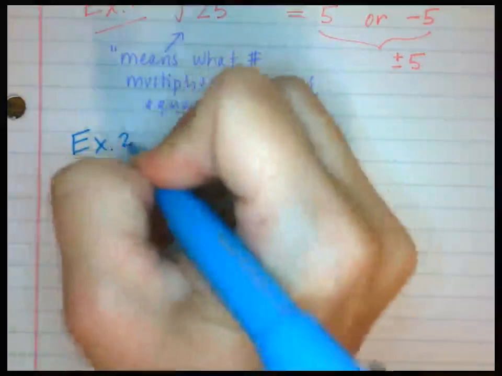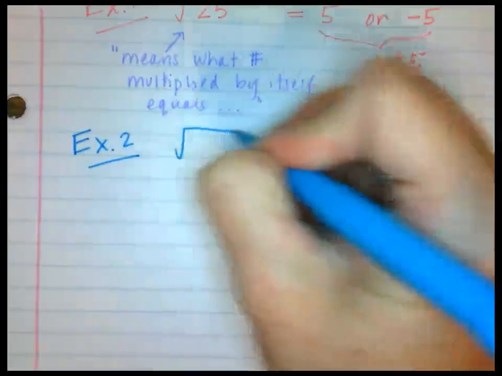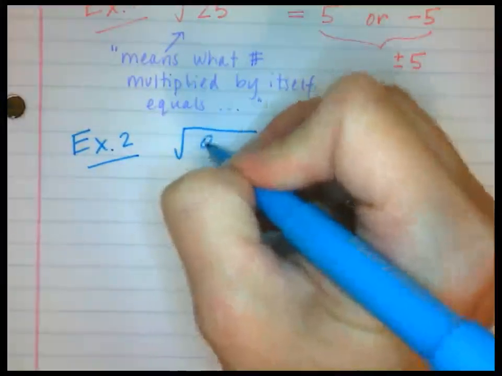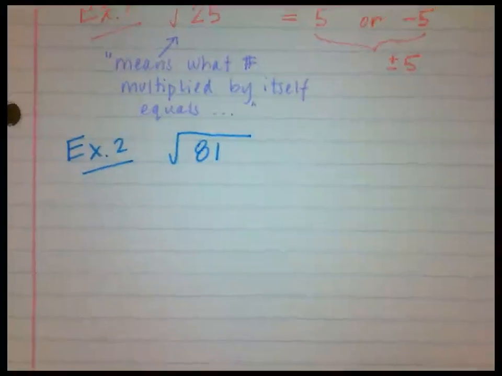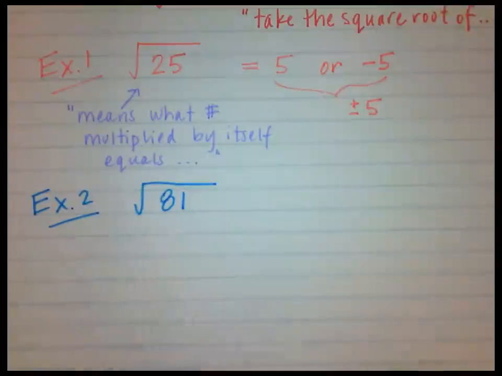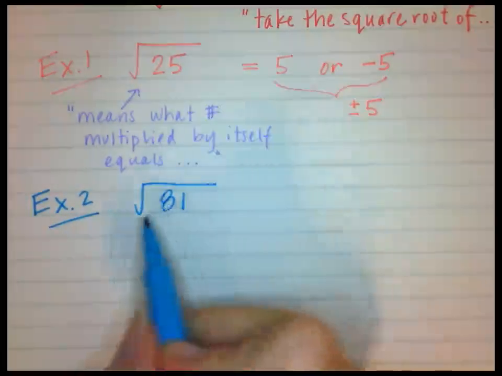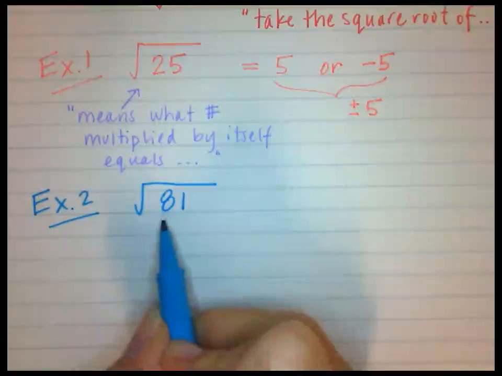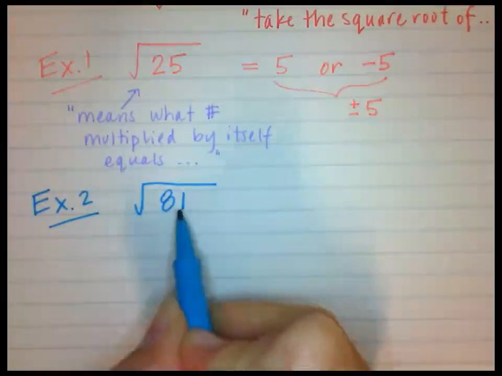All right, so let's try another one. If we had, for example, the square root of 81. Now, these are your flashcards, but they are your flashcards backwards, so you should be able to recognize these pretty quickly. This is saying take the square root of 81.